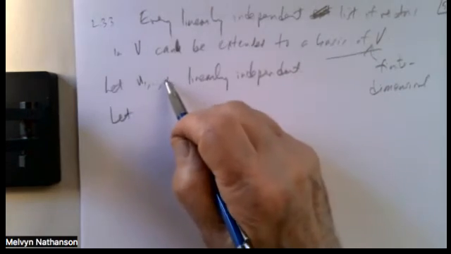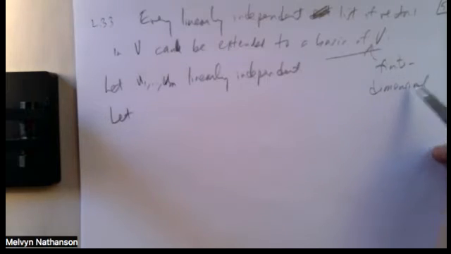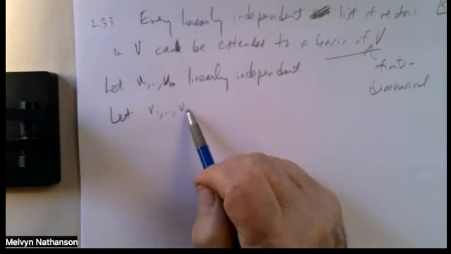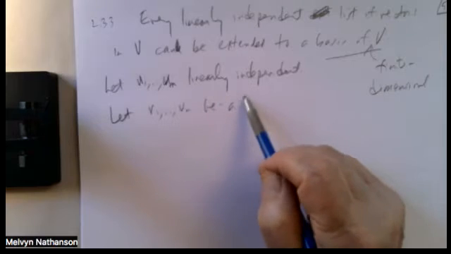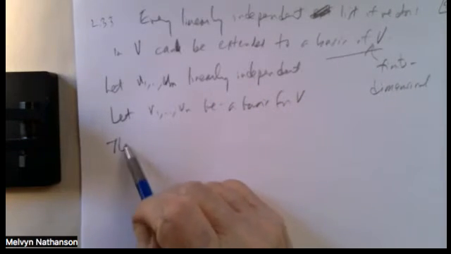So those are m linearly independent vectors in the vector space. But every finite dimensional vector space has a basis. Let v1 up to vn be a basis for V.